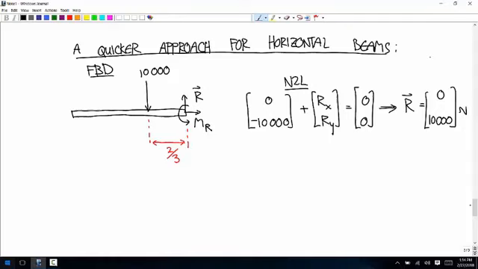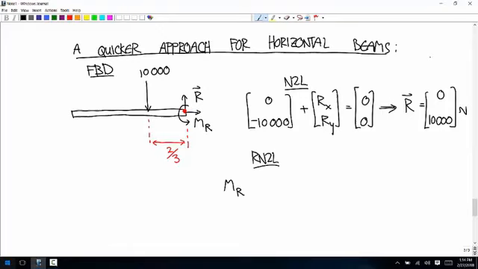So for the moment equation, we have the couple, MR, and our about point. I'm going to still use the same one. There's no moment produced by R.